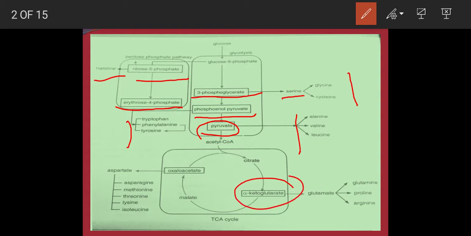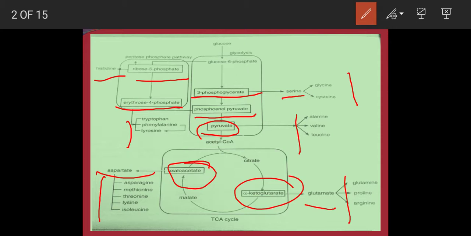Alpha ketoglutarate, which is a metabolic intermediate of Krebs cycle or tricarboxylic acid cycle, gives rise to glutamate, and then glutamate gives rise to glutamine, proline and arginine. The last one is the oxaloacetate. Oxaloacetate gives rise to aspartate, and then aspartate gives rise to asparagine, methionine, threonine, lysine and isoleucine.